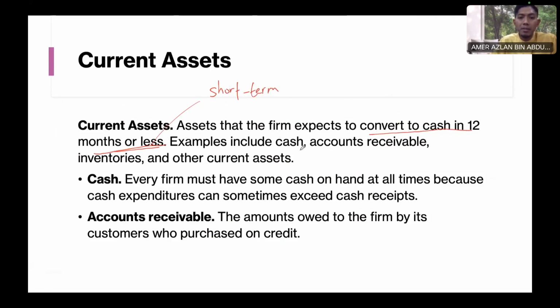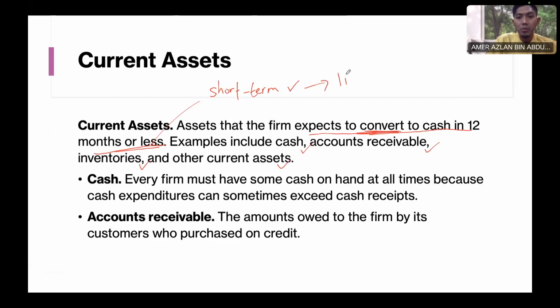Examples of current assets include cash, accounts receivable, inventories, and other current assets. Remember this term: a current asset is an asset that the firm is expected to convert to cash in 12 months or less. So current assets refer to short-term assets.